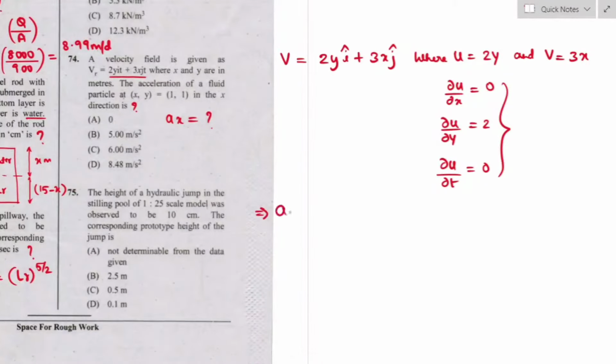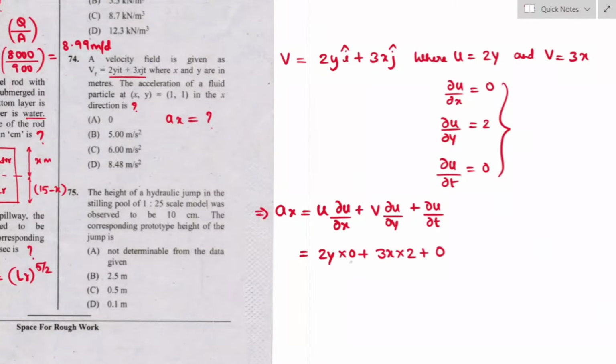Therefore, acceleration along x direction is given by, so u is 2y, dou u by dou x is 0, v is 3x, dou u by dou y is 2, dou u by dou t is 0.